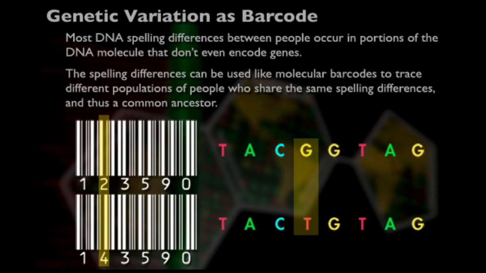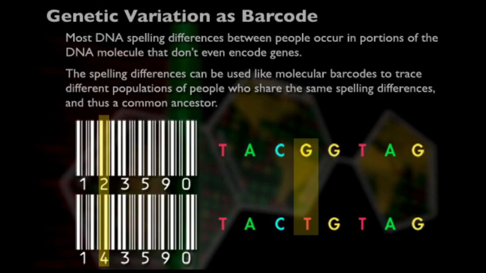And these spelling differences can be used like a barcode or a molecular marker to trace how we as a species have diverged. We track which people groups or nations share that gene marker, and with that information we can track our common ancestor, where we started, and so on.